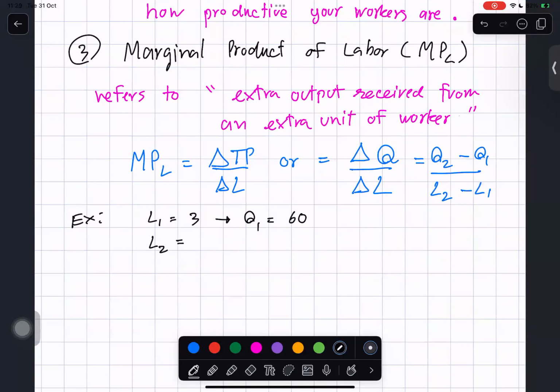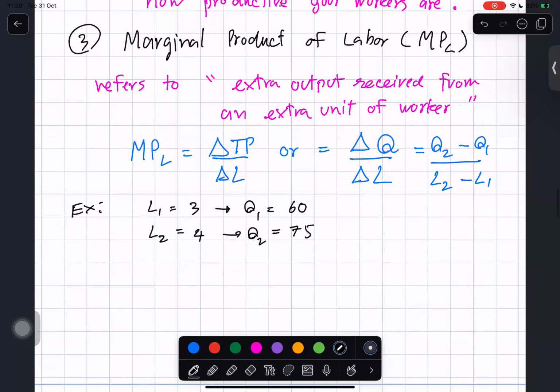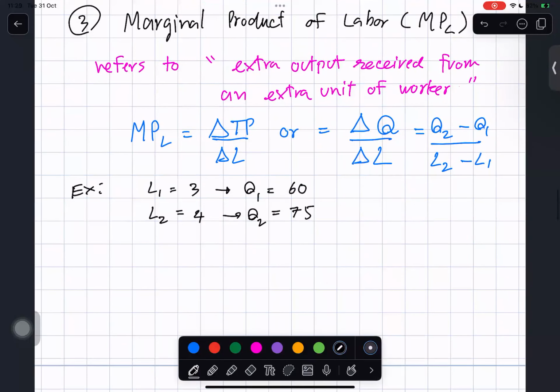So for example, when we make this delta L, we change from using 3 to using 4.